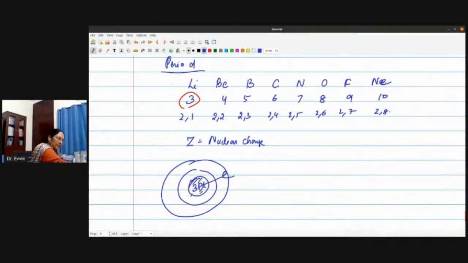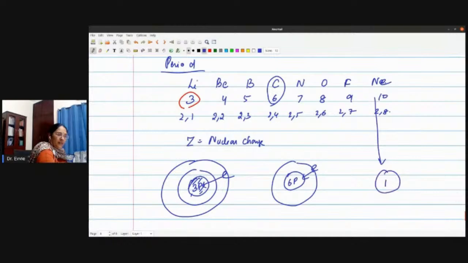But when I consider the 6th one, you have 6 protons attracting the electrons. Now let me go to the 10th one. You have 10 protons attracting the electrons.